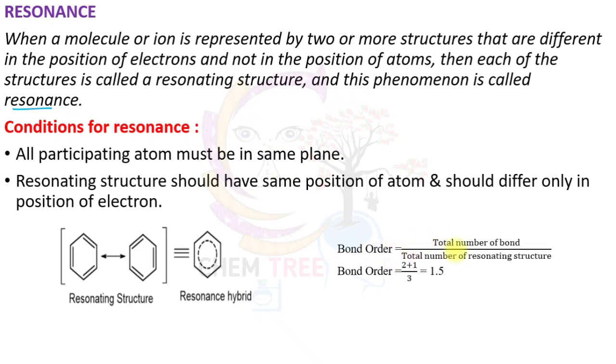Bond order is equal to total number of bonds divided by total number of resonating structures. In this structure, a double bond is present and a single bond is present, 2 plus 1, and the total number of resonating structures is 2. So it gives 3 by 2, that means 1.5.